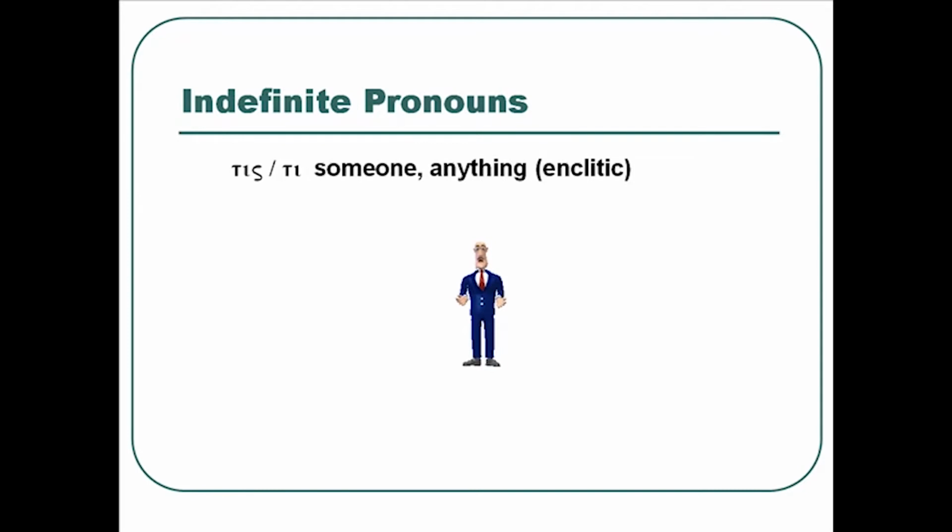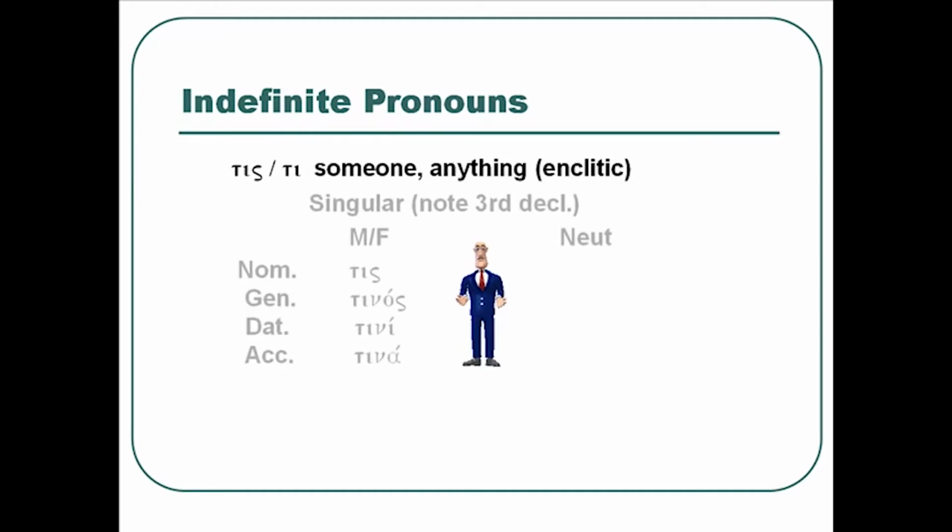The indefinite pronouns give us the translation someone or something or anyone, anything, the kind of whatever pronoun. And they are tis, ti. They decline as follows. You've got the tis, tinos, tini, tina. You'll notice that the nominative form does not take the accent. And actually the accent occurs on the ultima for the others.